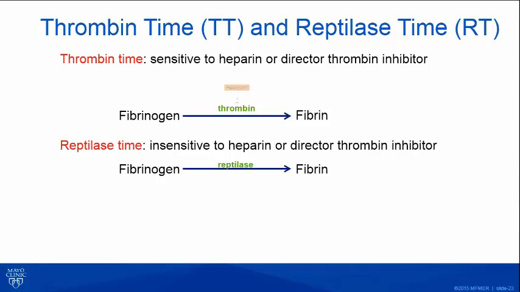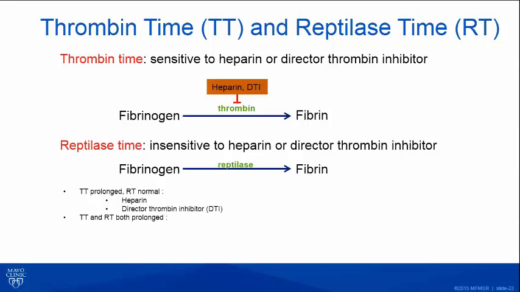The difference is that thrombin is sensitive to heparin and direct thrombin inhibitor inhibition. However, reptilase is resistant to heparin or direct thrombin inhibitor effect. So with a prolonged thrombin time and a normal reptilase time, that indicates there is presence of heparin or direct thrombin inhibitor in the sample.